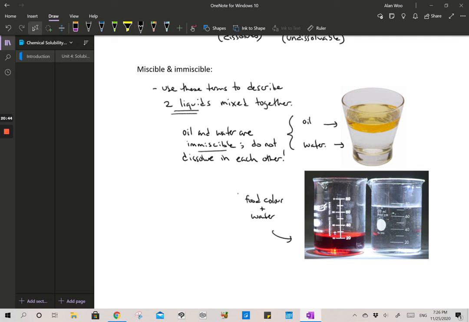Okay, so food color and water, both of these substances, let's say these liquid substances, are miscible with each other. Again, meaning that these two liquids can dissolve or are soluble in each other as well.